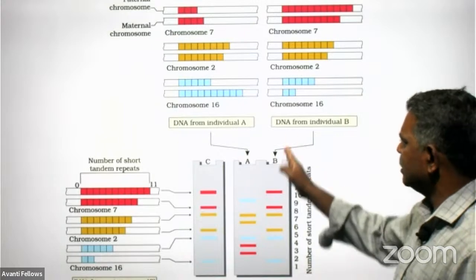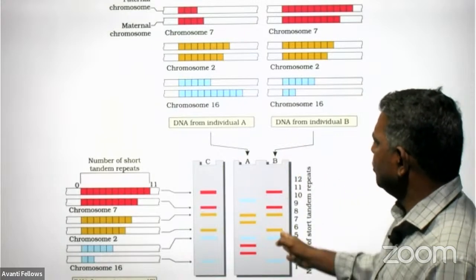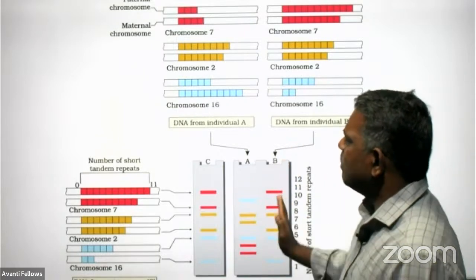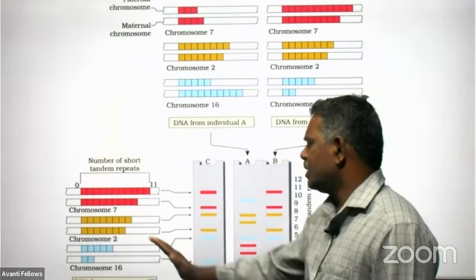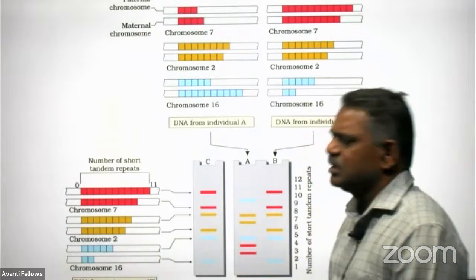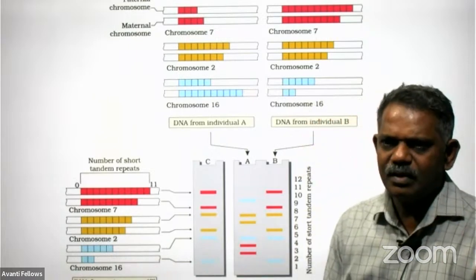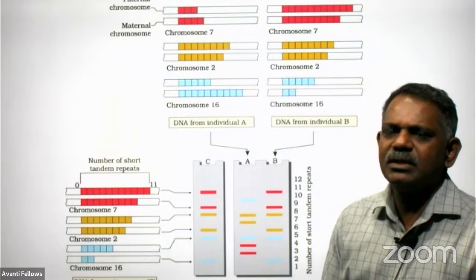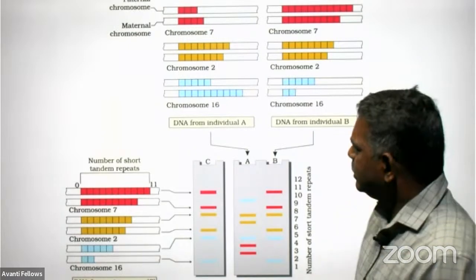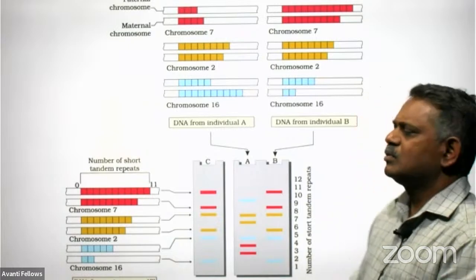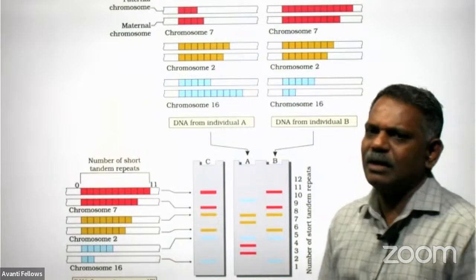That means this suspected individual B shows 100% banding similarity with the fingerprint of the cells collected from the scene of crime. Means what? That person was there at the time of crime, and if this person was there, he was also involved in the crime.